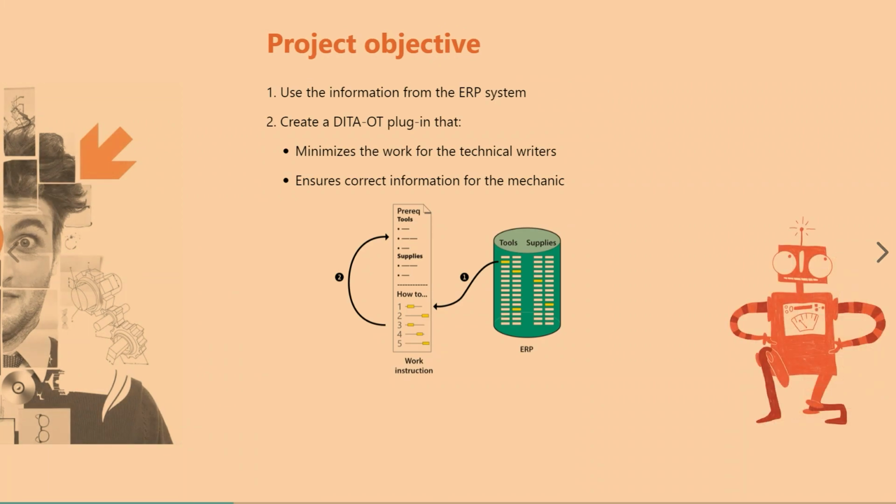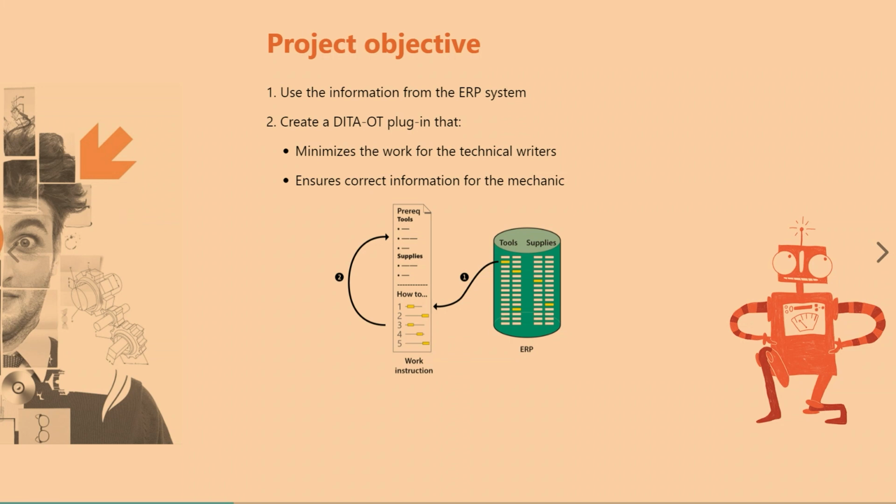So what was our project objective here? We wanted to create a DITA-OT plugin that minimized the work for the technical writers and ensured that mechanics had correct information when they start their job.